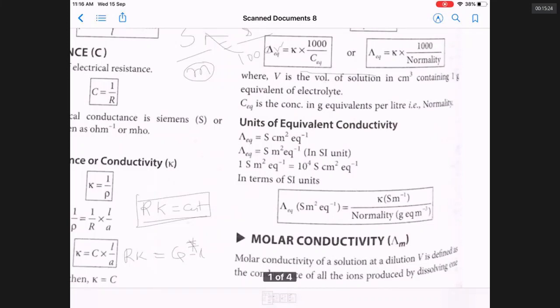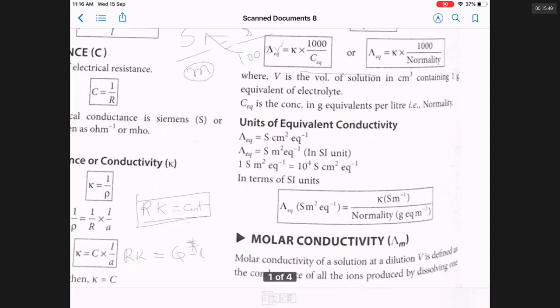Therefore, that is a big complication. You should take the number of equivalents per meter cube, and 1 meter cube is equal to 1000 liters. All this is a big nuisance. So the best thing is to convert the Siemens per meter into Siemens per centimeter and solve the problem.